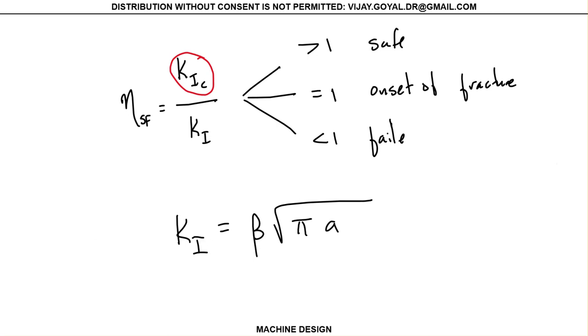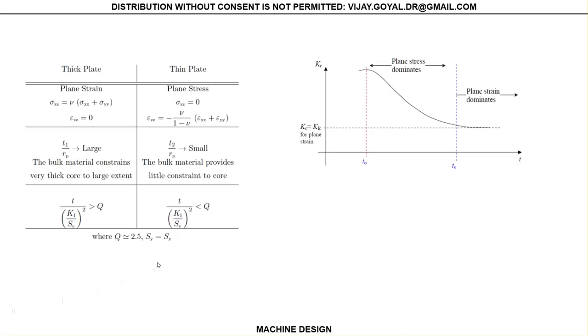Okay, so to do that, you're going to have two different types of analysis depending on whether you're working with a thick plate or a thin plate. A thin plate is plane stress, a thick plate is plane strain, and in this particular case, what is important is this parameter right here. Your Q is equal to 2.5.